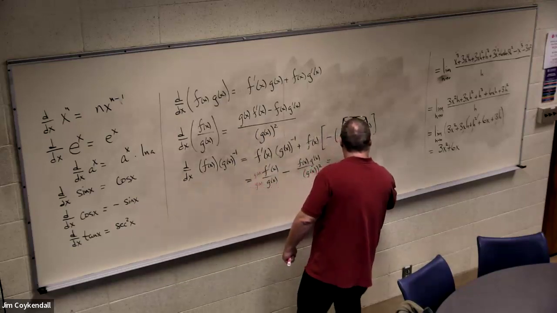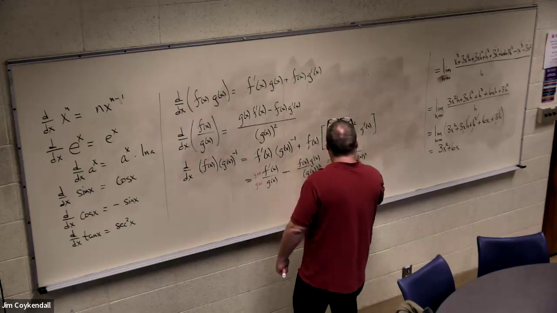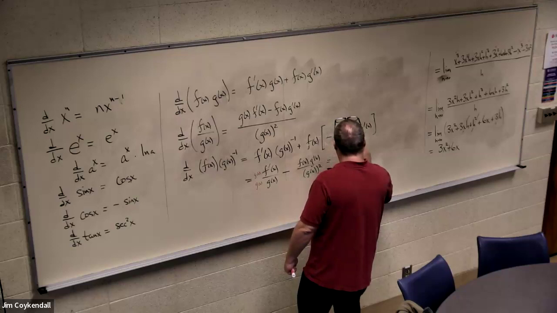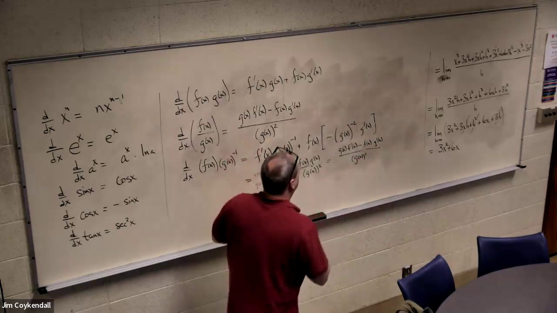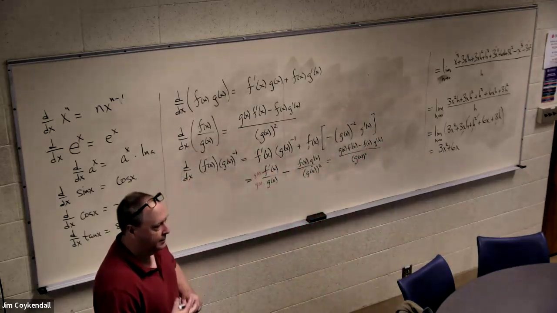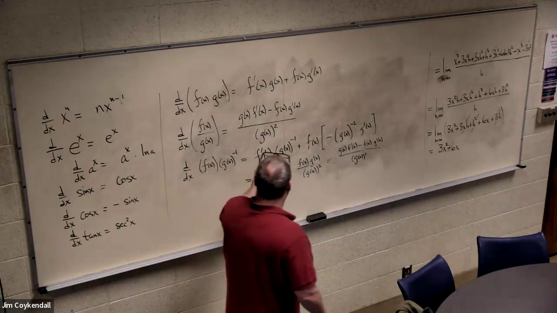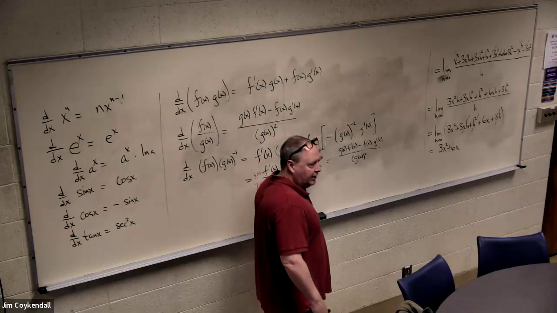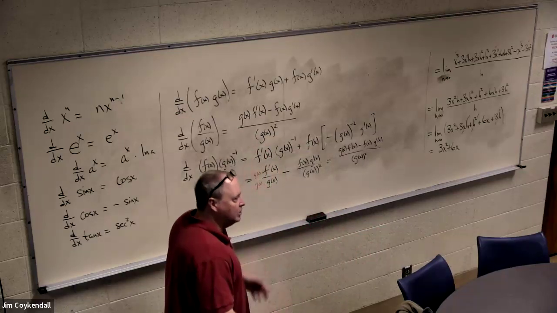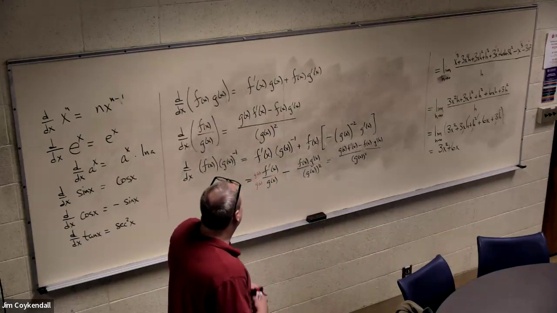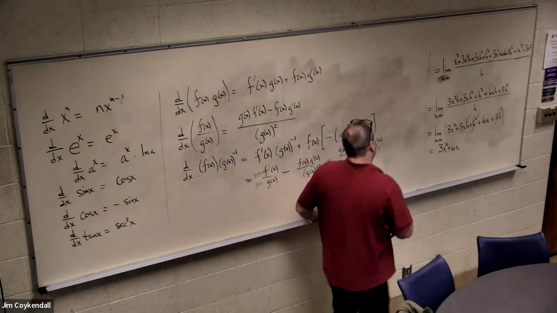This is g of x squared, g of x f prime of x minus f of x g prime of x. And here I get the quotient rule. So once you know the chain rule, you can forget the quotient rule, but I wouldn't, because in many cases the quotient rule can be implemented more quickly.